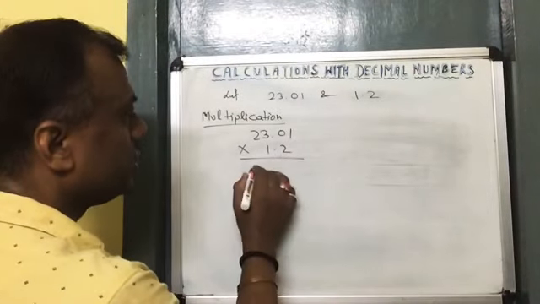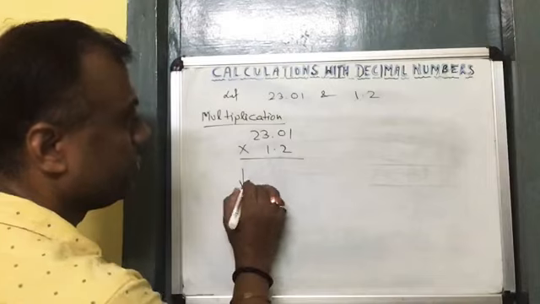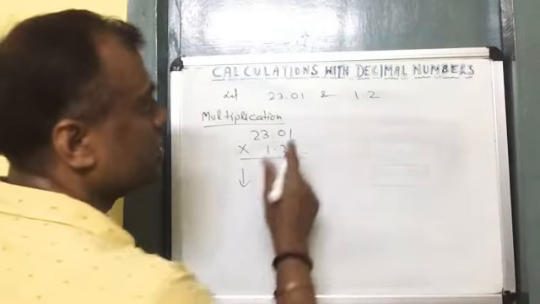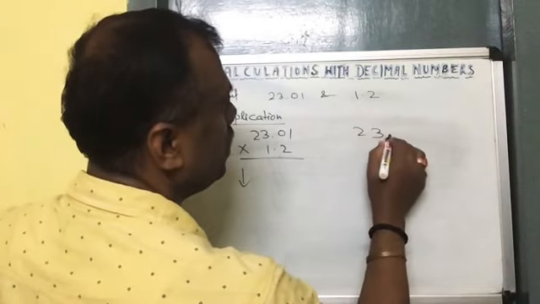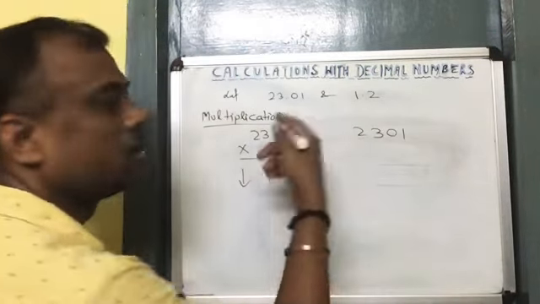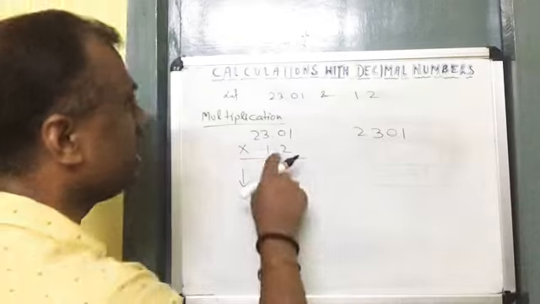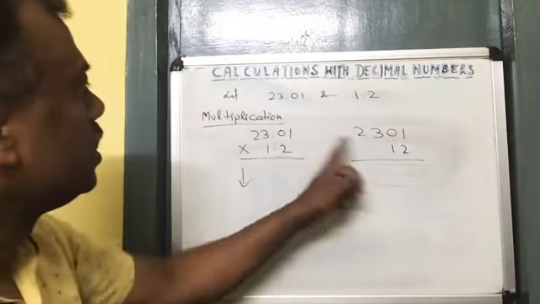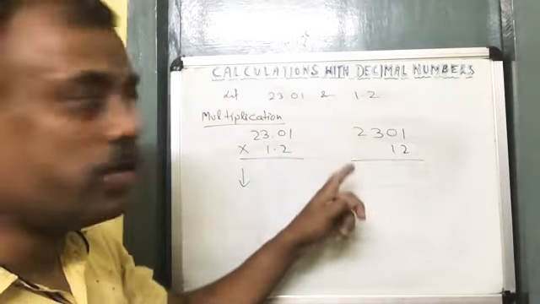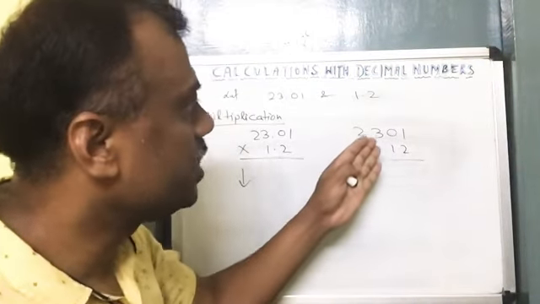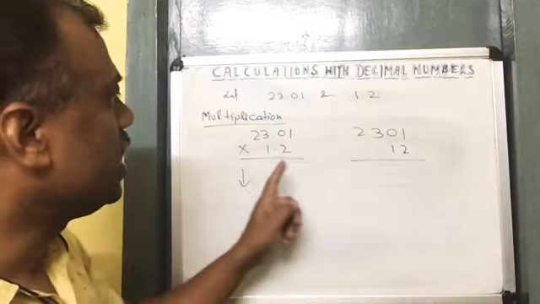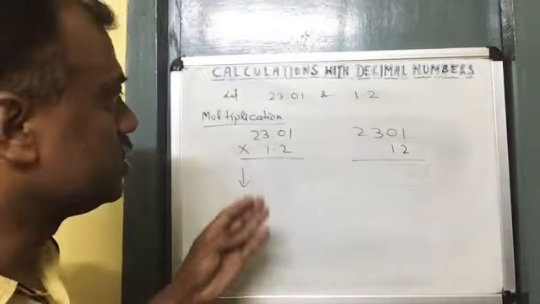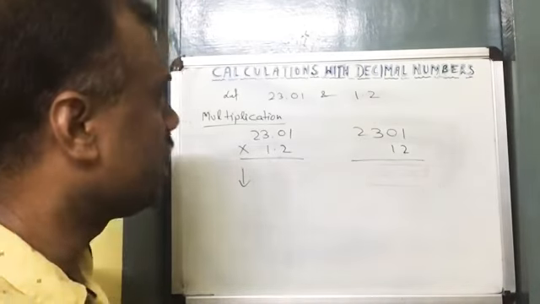But I am not going in that traditional way. Just take 2301, remove the decimal, and take here 12. Now look at the difference between these two. You are very comfortable with the multiplication of these numbers, but when the point is there, your mind will see it in a complex manner.